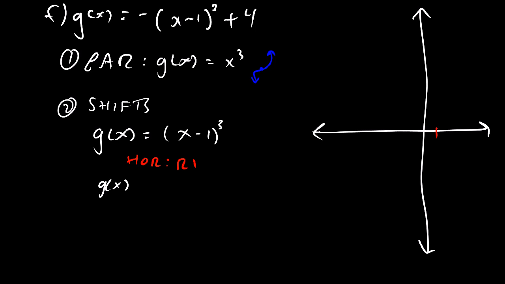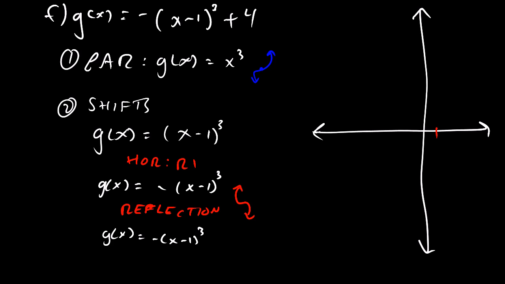G of x is equal to negative. Ooh, here we go with a negative again. What's the negative do? It's a reflection. So if it did look like our blue, we reflected. It looks like this. And then the last part, g of x is equal to negative quantity x minus 1 cubed plus 4.